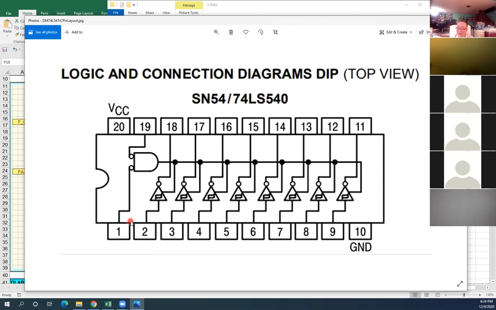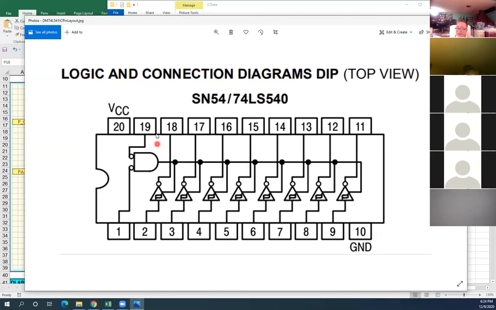Also, pin 1 and pin 19 are controls. Pin 2 goes to pin number 18. Pin 3 goes to pin number 17, and so on. However, pin 1 will control pin 2, pin 3, pin 4, pin 5.